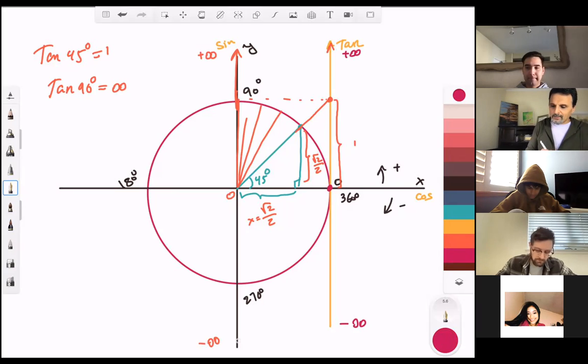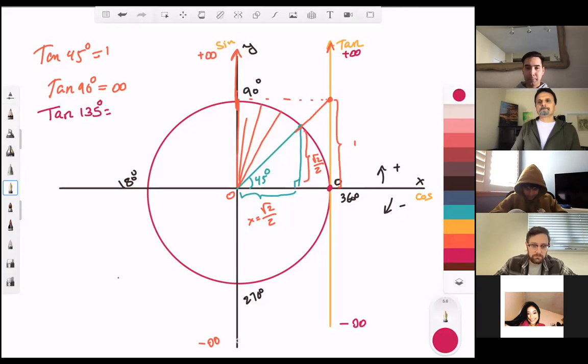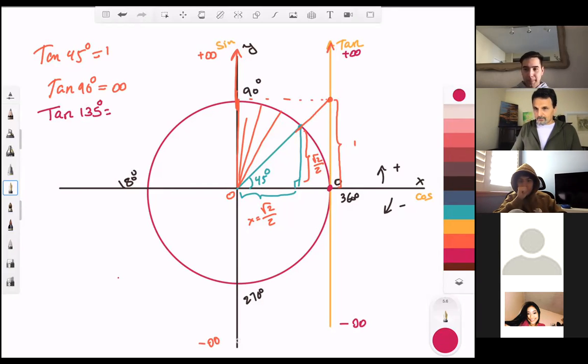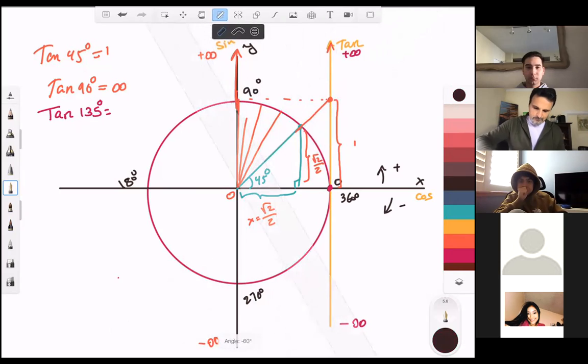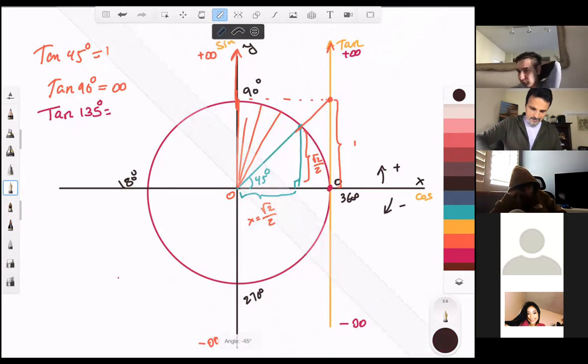Can you guys tell me what is tangent of 135 degrees? -1. Very good, Joshua. So in order to do this, 135 is 90 plus 45. The reference angle is 45.